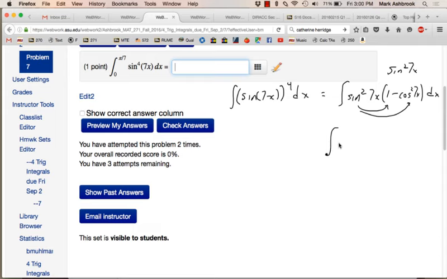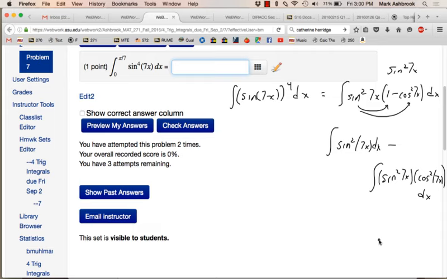So that leaves us with sine squared times cosine squared. And I don't know how to do that. Half angles. Well, but then we just could have done that from the beginning.